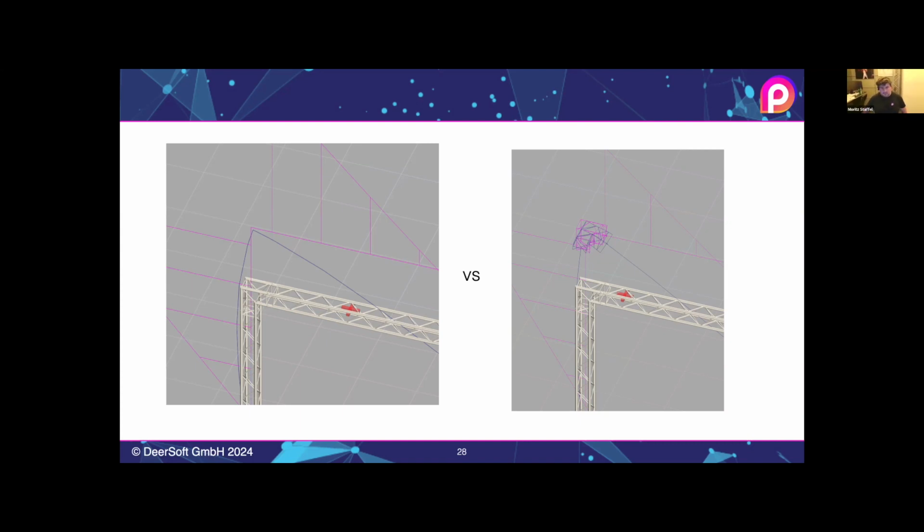That's why in Production Assist, by default, we use the center line structure to calculate it. This works very well for any type of straight truss and also curved truss, but it doesn't work very well at all for the corners, especially if the corners are heavily loaded. A typical example is ground supports.